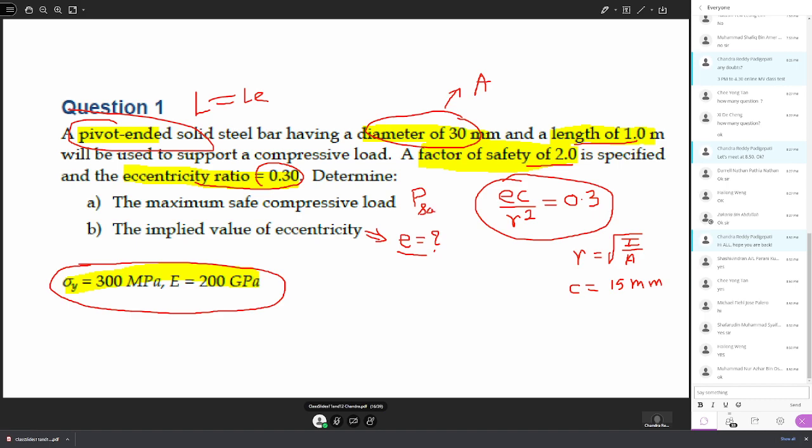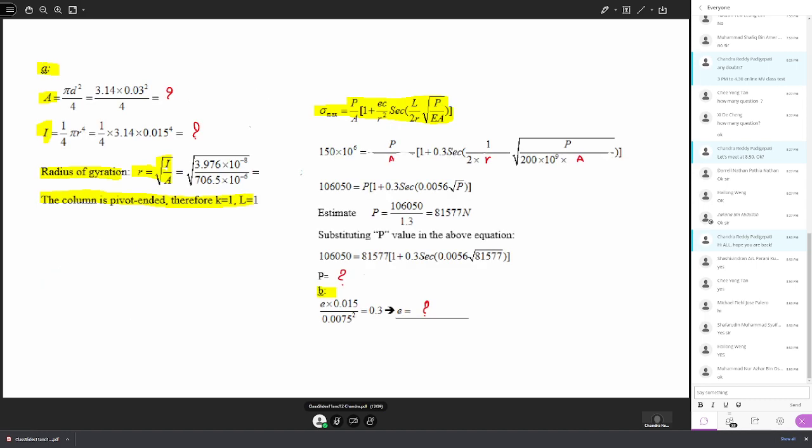What compressive load can you use safely when your factor of safety is 2.0? Since you're dealing with eccentricity, we need to use the secant formula. Okay, so first calculate the area, guys, and let me know.